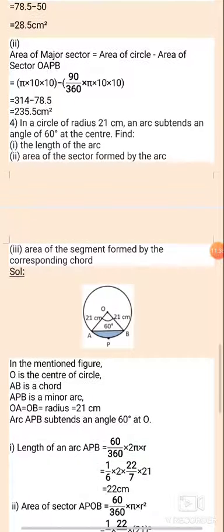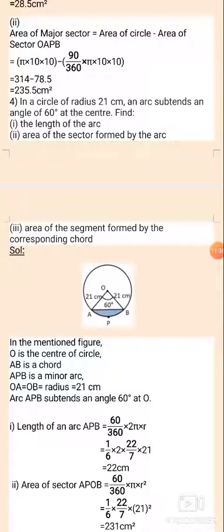Second question, find the area of the sector formed by the arc. That is theta by 360 into pi r square, that is 60 by 360, which is 1 by 6, into 22 by 7 into 21 square. At last we get 231 centimeter square.